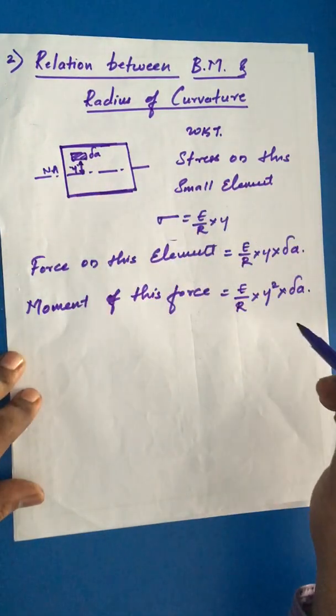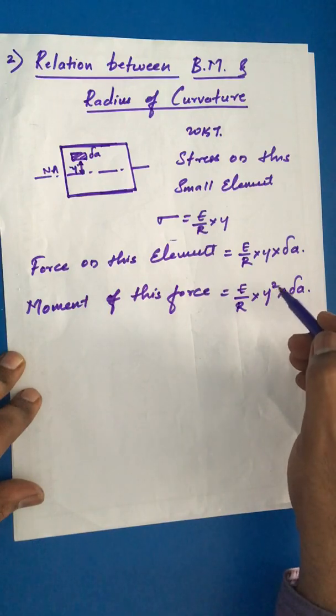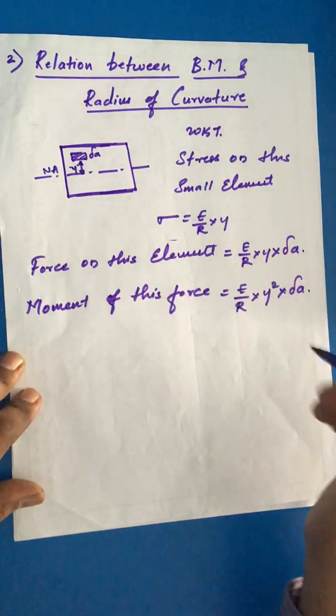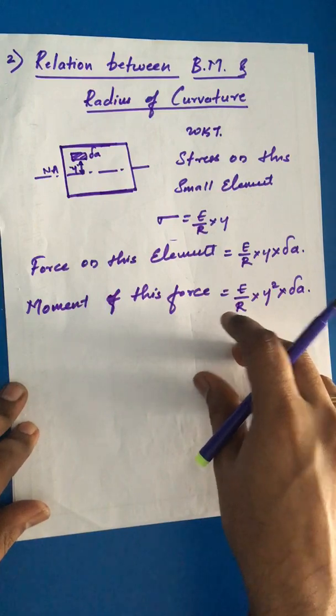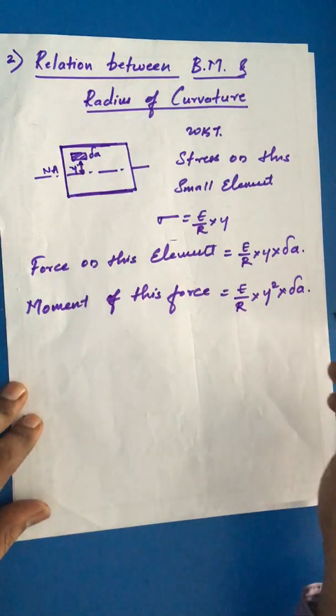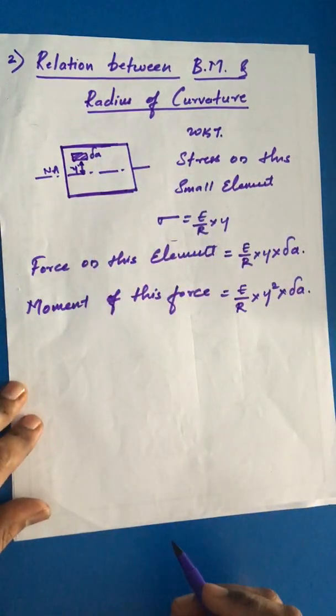Since moment is force into distance, that y I have made it y square here. Okay, so this is the moment about the neutral axis with respect to area delta A.